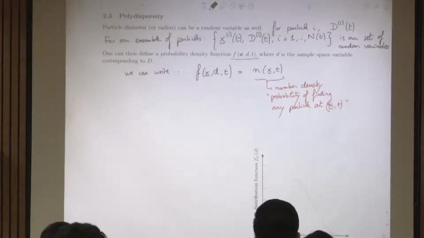Now, I'm adding to this another variable, so I can multiply this by the conditional distribution that represents the size. So I'll naively write that. This is going to be a conditional.